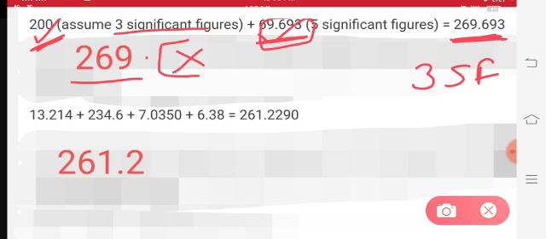Now if we have a difference in the decimal places, then what will we do? See here, our next problem will make this clear.